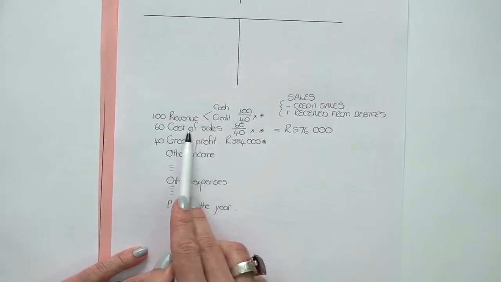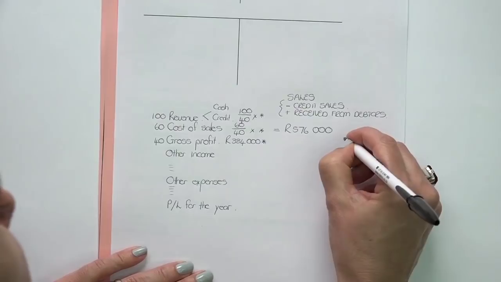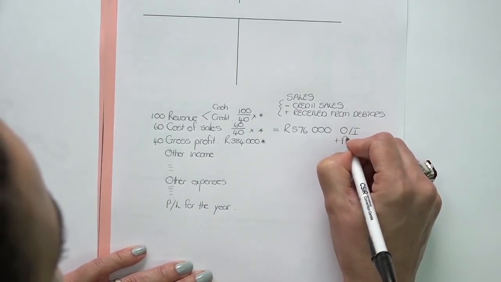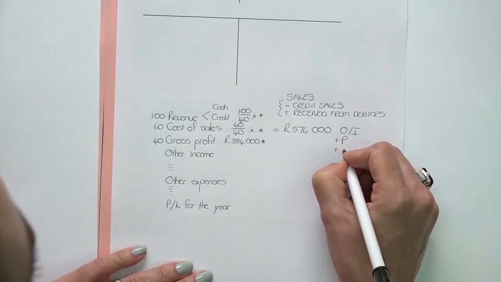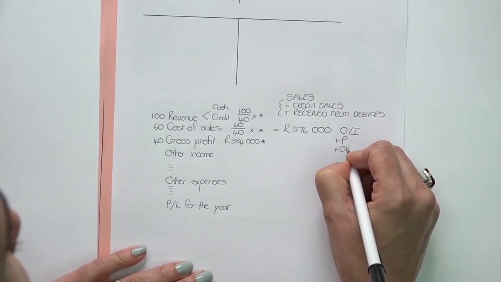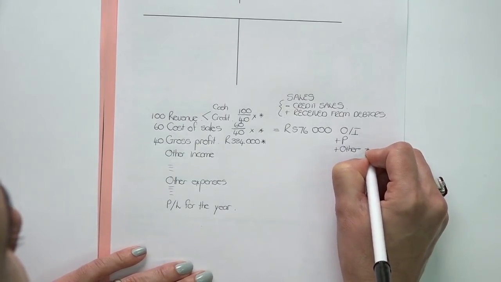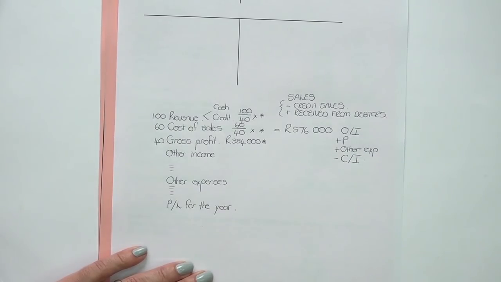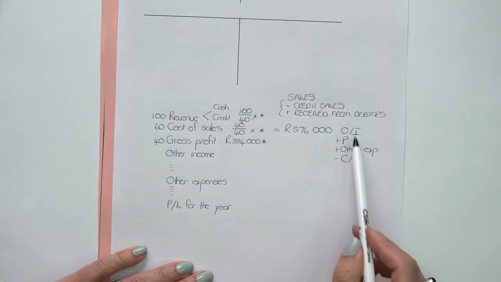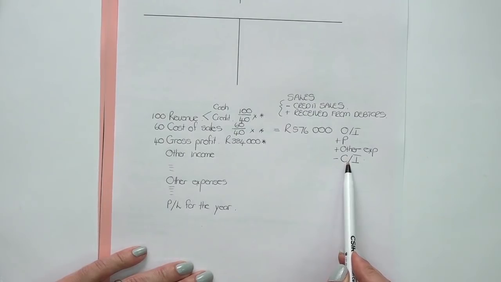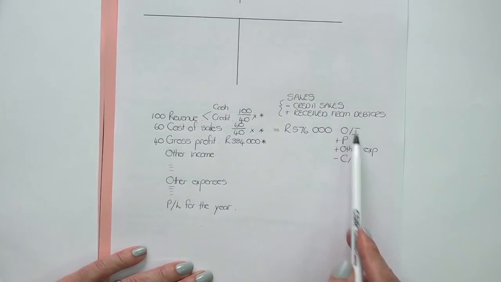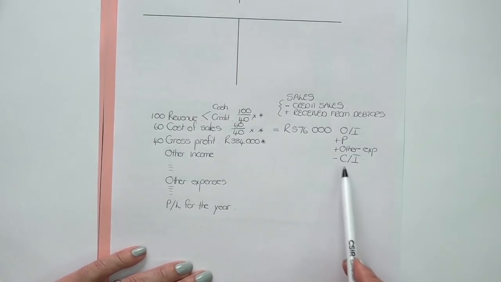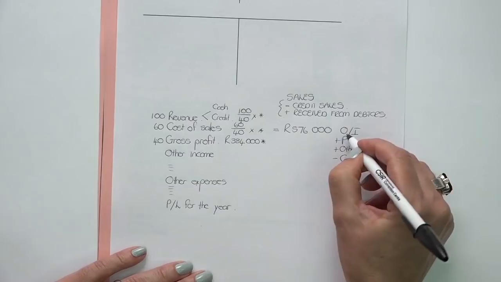But cost of sales is a calculation in its own right. If you can recall, cost of sales is my opening inventory plus my purchases plus other expenses minus closing inventory. I'm not interested in opening and closing inventory for a statement of cash flows because opening and closing inventory can include credit purchases and I have not yet sold it, so it cannot constitute cash.